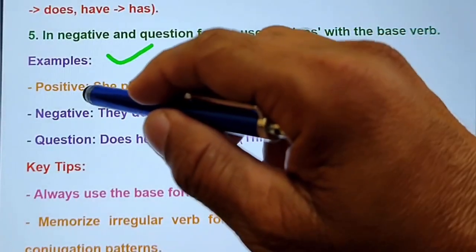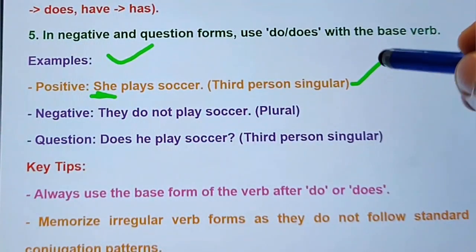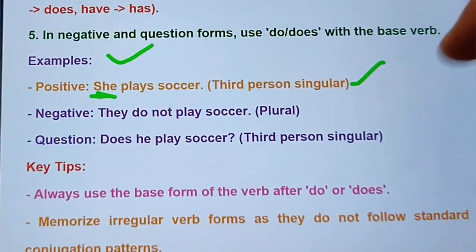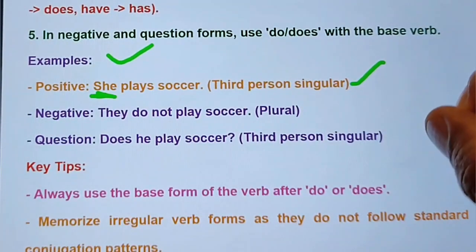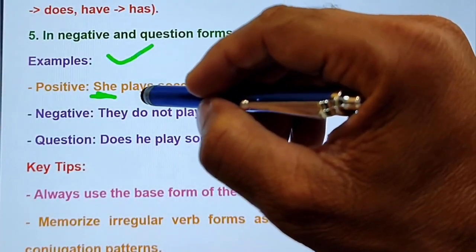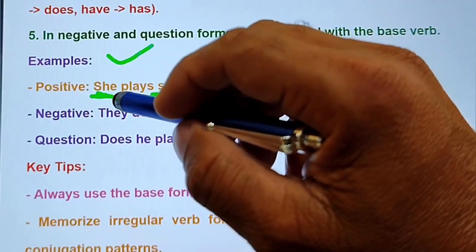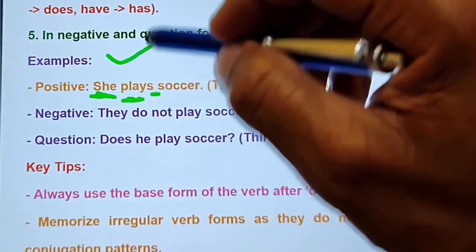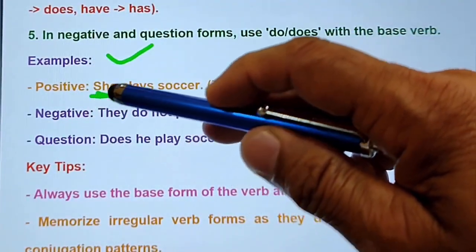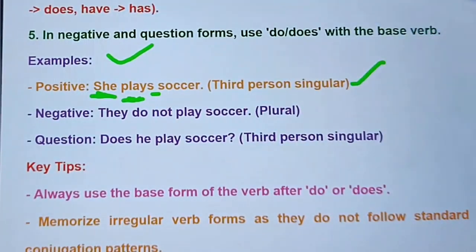She here is third person singular, he, she, it. When we have this in a sentence, we add s to the base form. The base form here is play, and we add an extra s. So the sentence is she plays soccer.